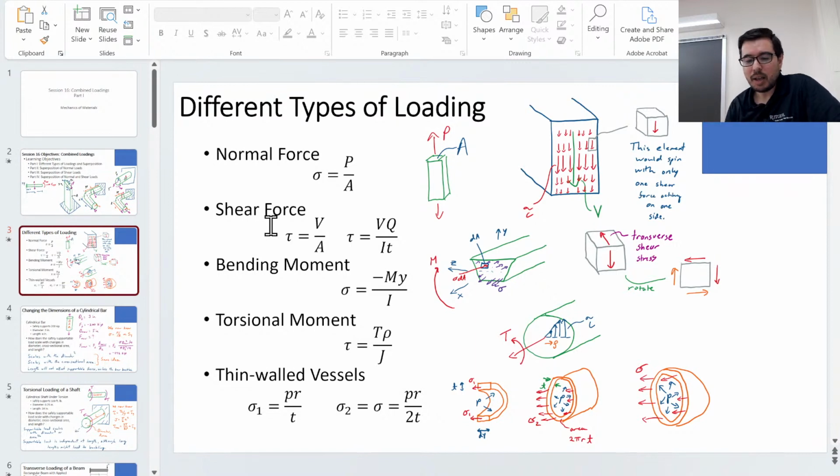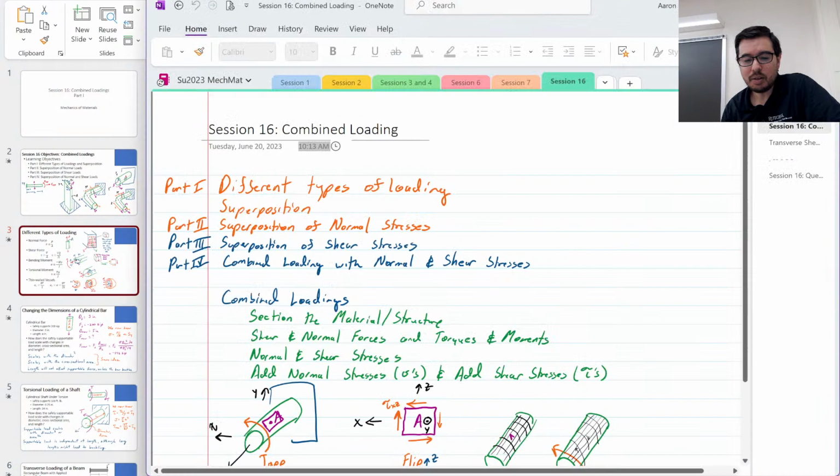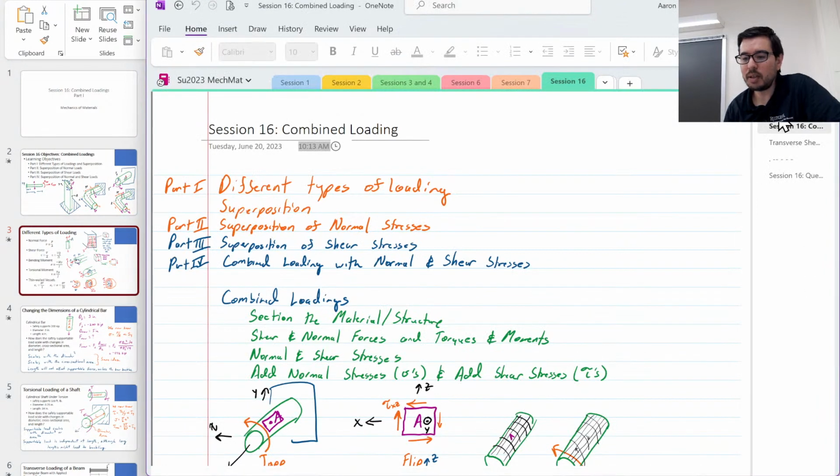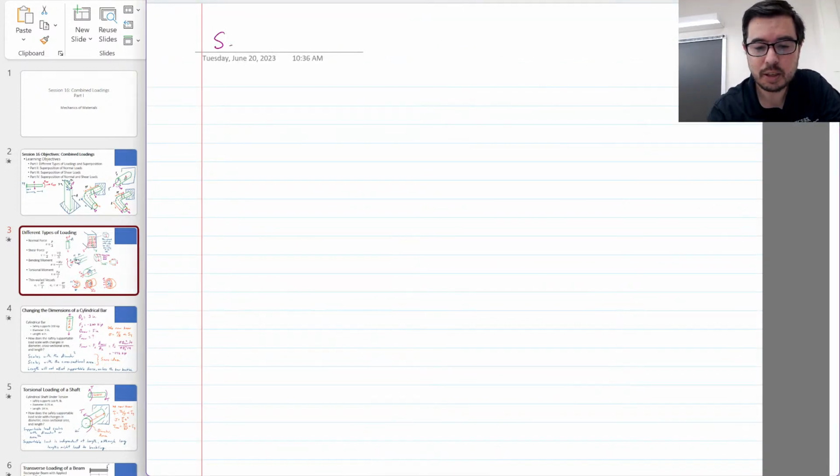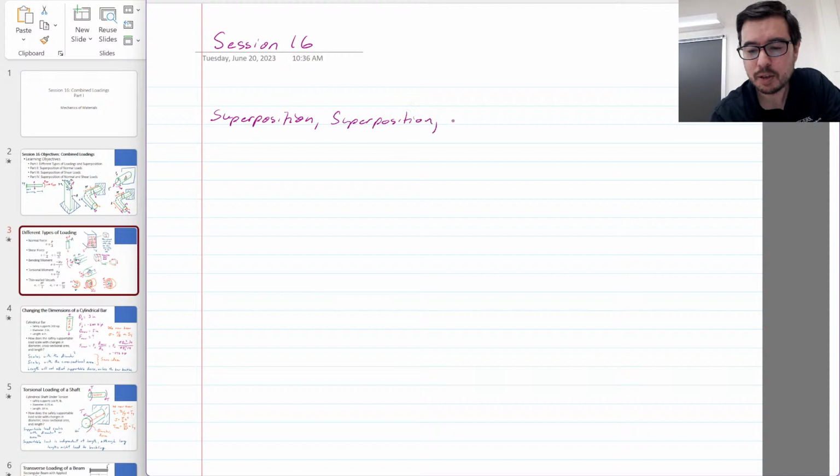I guess as a recommendation for how to attack these types of problems, think: this is session 16, right? Superposition, superposition, superposition, okay?